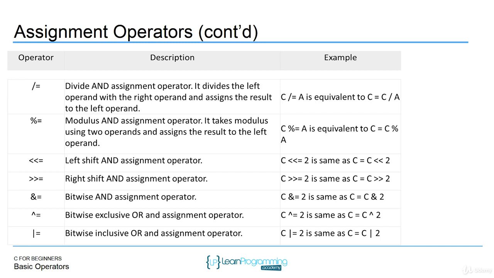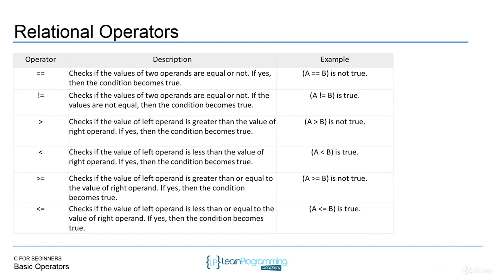And then again, the ampersand, the caret, and the vertical bar are all related to doing things on bits. So we'll come back to that, but they are part of the assignment operators. So the assignment operator is pretty easy, right? Assigning data, and then if you want to do a couple of expressions and then assign it, you do the combination ones.